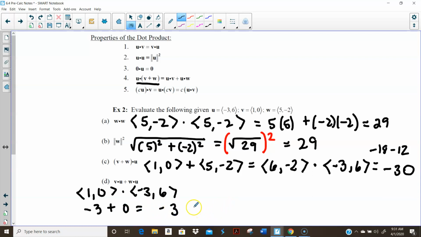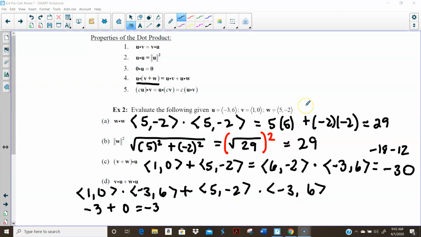I'm going to take that negative 3 and I'm going to add it to the dot product of w dot u. So w is 5, negative 2, dot u, which is negative 3, 6. So let's take the dot product of that.